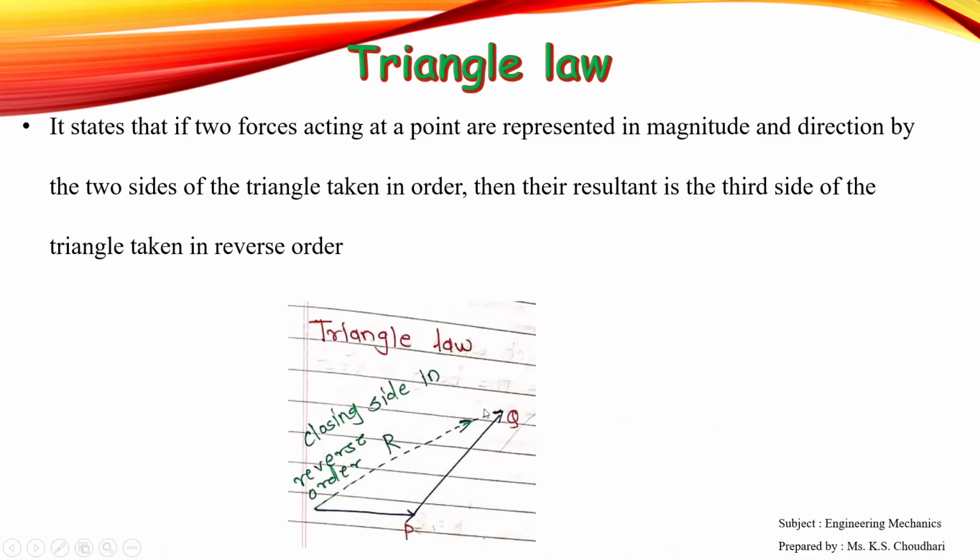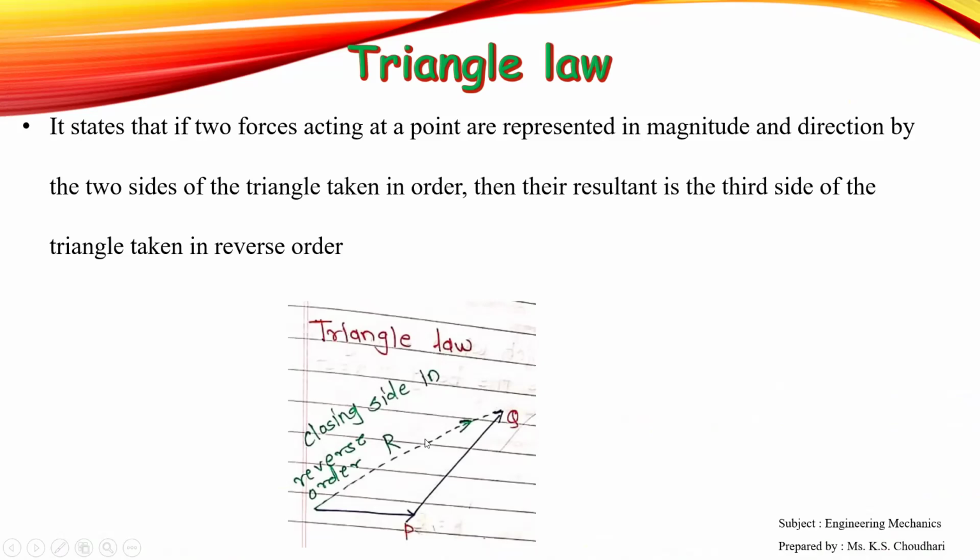Okay, not here. But the triangle law says if two forces are represented in magnitude and direction by two sides of a triangle taken in order, this is taken in order, okay, then their resultant is the third side of the triangle taken in reverse order. Okay, so this is the resultant, and this resultant is in reverse order.